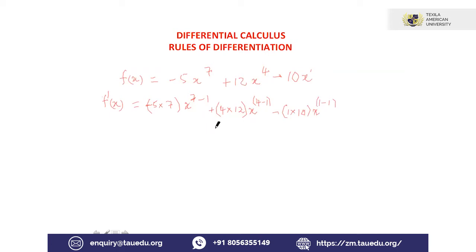Or you can write it as f prime of x is equal to negative 5 times 7, or 7 times negative 5, x to the power of 7 minus 1, plus 4, which is the power, times 12, or 12 times 4, then x to the power of 4 minus 1.